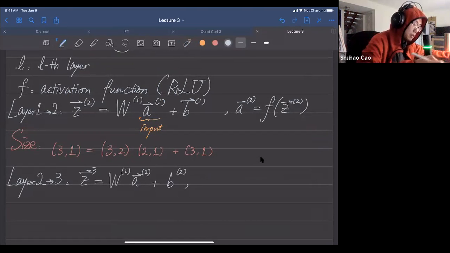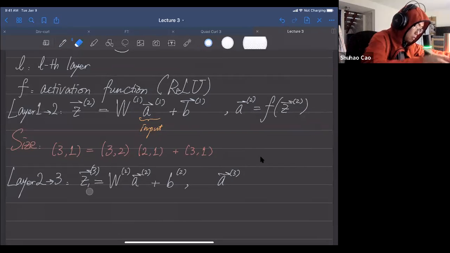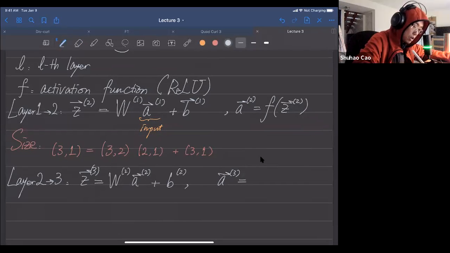And what happens is we just do A3, which equals Z3.